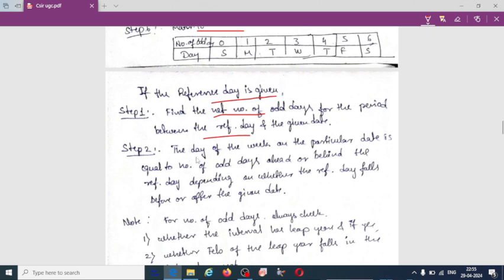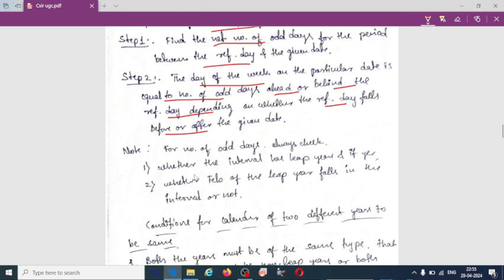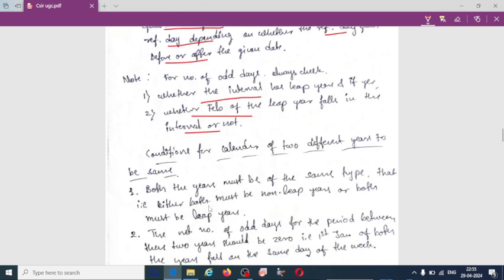Second, the day of the week on that particular date is equal to the number of odd days ahead or behind the reference day, depending on whether the reference day falls before or after the given date. You should also note whether the interval has a leap year, and if so, whether the February of the leap year falls in the interval or not.